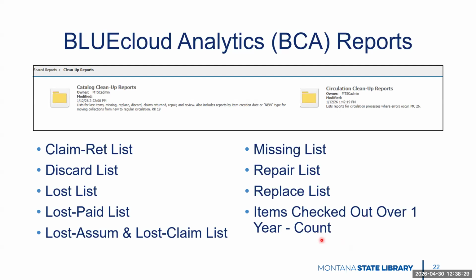So if you're curious and you don't have those reports running, how long your patrons may have items checked out for, in the circulation cleanup reports folder, we have this items checked out over 1 year, and it's just a count report, and it'll let you know whether maybe you need to look at having an automated process or if you have some items that you may need to clean up in the system.